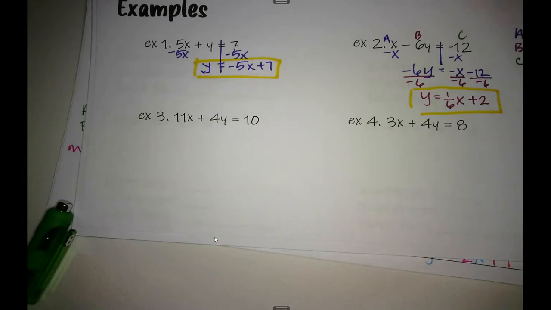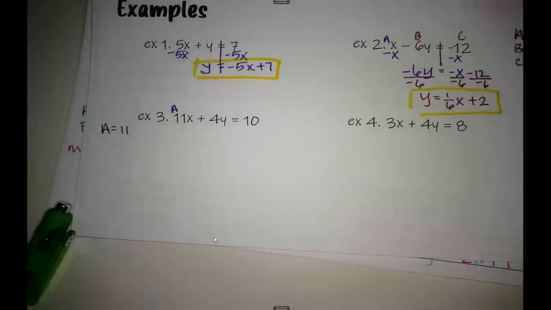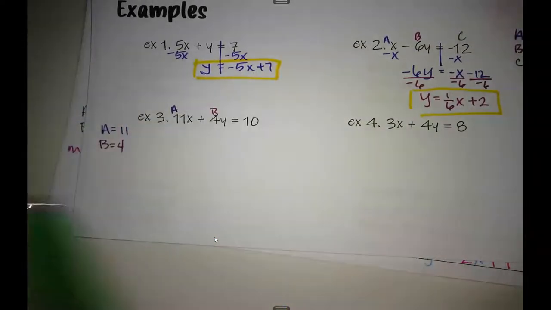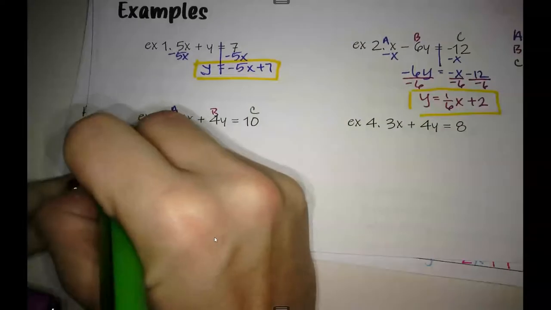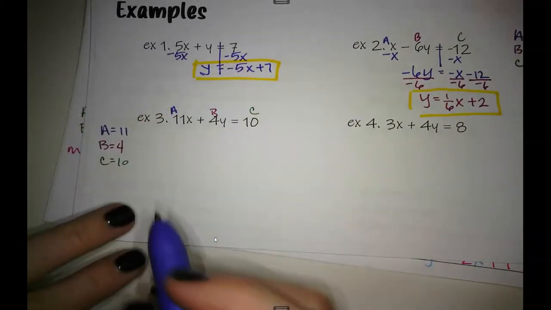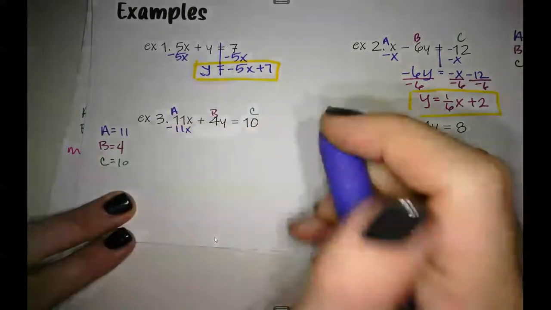All right, let's try that again. Again, we're going to label it this time. a equals 11, b equals 4, c equals 10. Move my ax first. So I'm going to subtract again because it's a positive 11x.